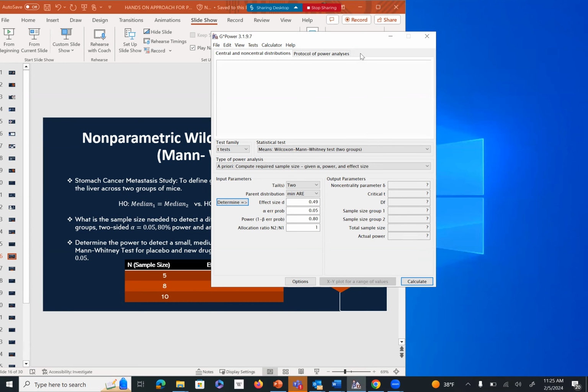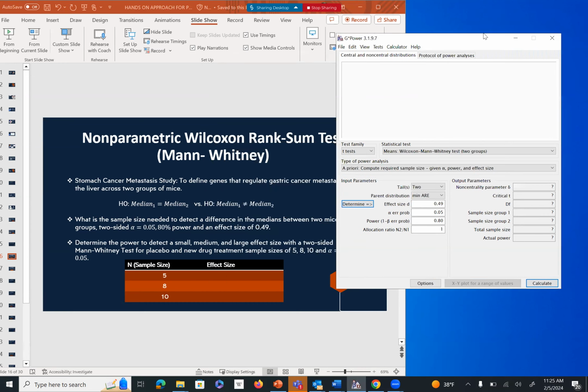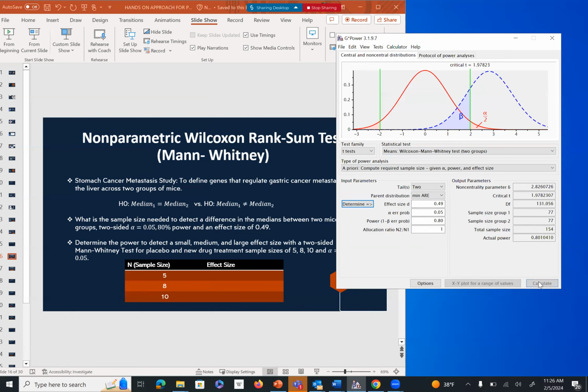So our effect size here is 0.49, which is pretty much almost a medium effect size, because 0.2 is a small effect size, 0.5 is a medium effect size, 0.8 is a large effect size. So if I calculate that, I see that I need 77 subjects in each group.